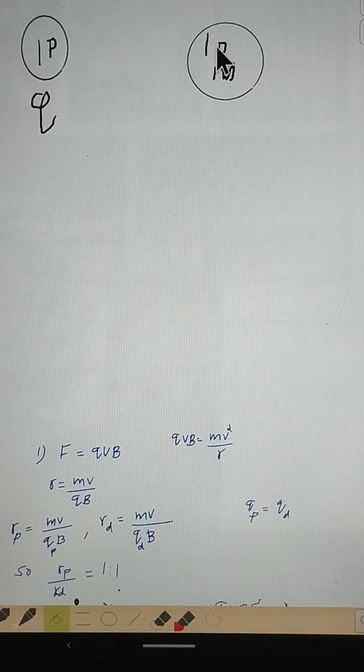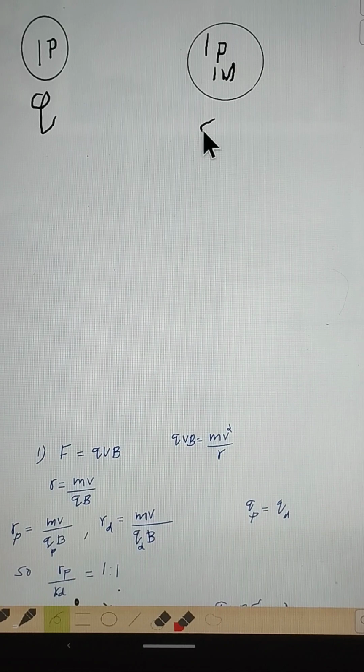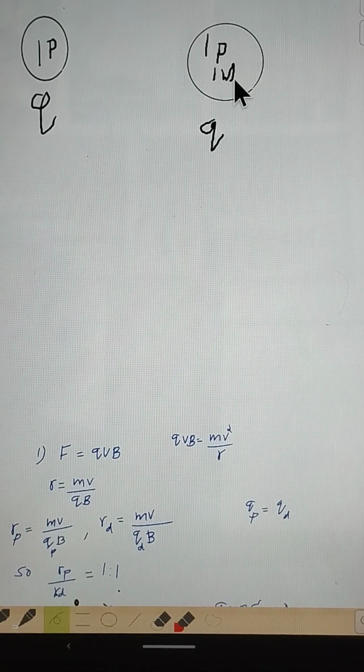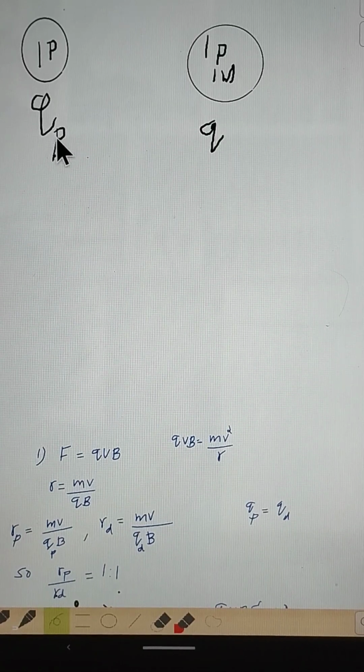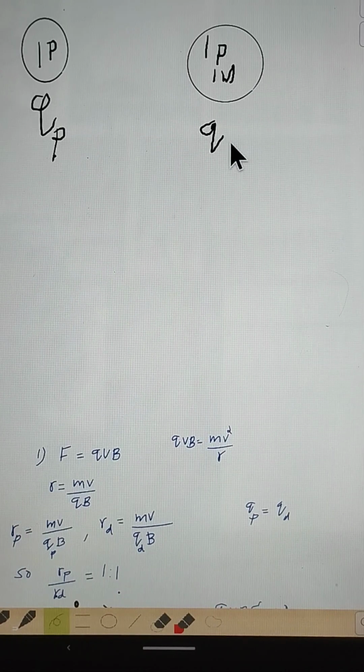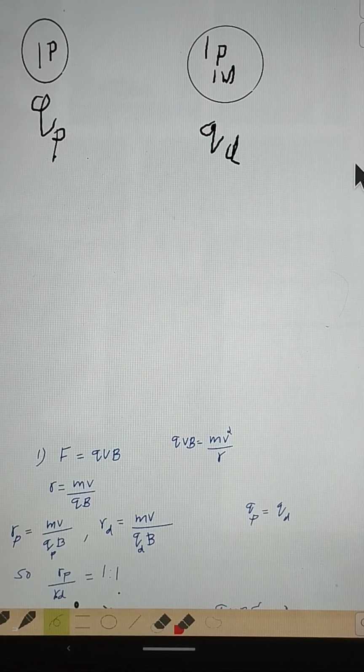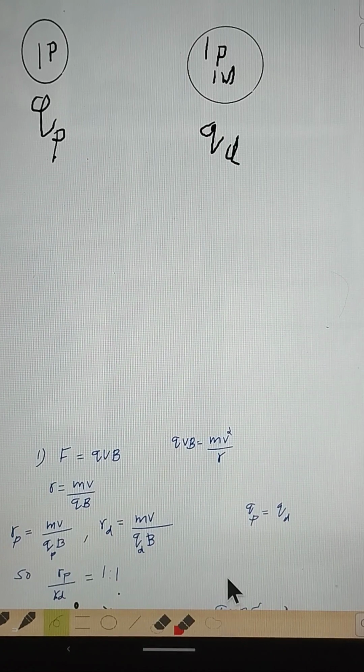The charge of deuteron is equal to the charge of the proton itself, because the neutron is chargeless. That is the relation of their charges: the charge of proton is equal to the charge of deuteron.